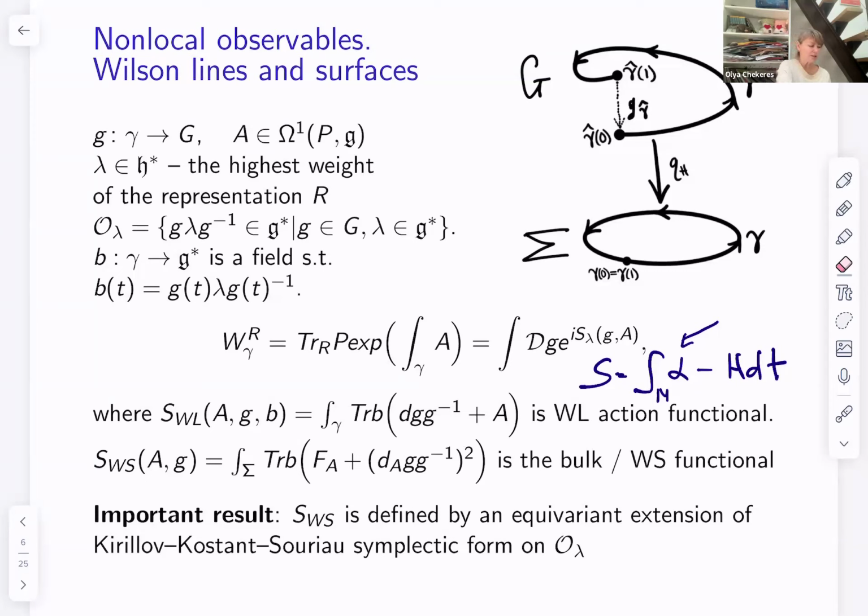We get some quantity, so we get something corresponding to the bulk with the Wilson line on the boundary. However, this for the moment cannot be a general formula for the Wilson surface because it is dependent on the information on the boundary.